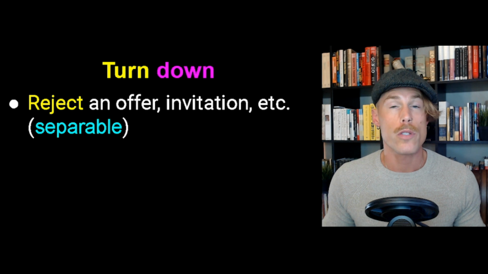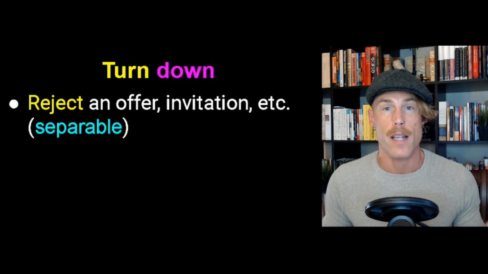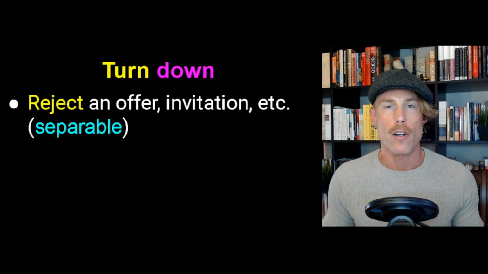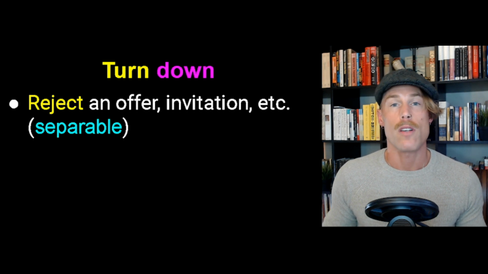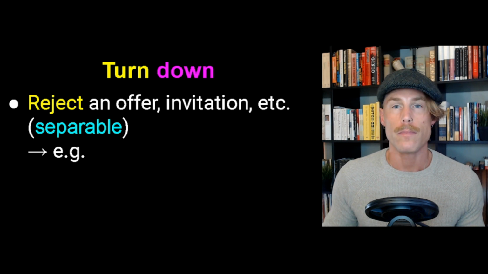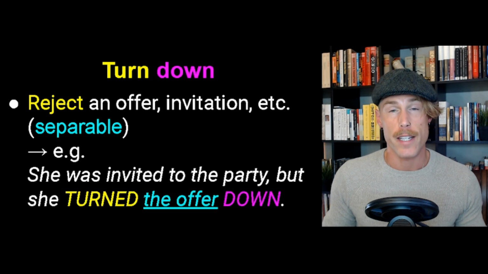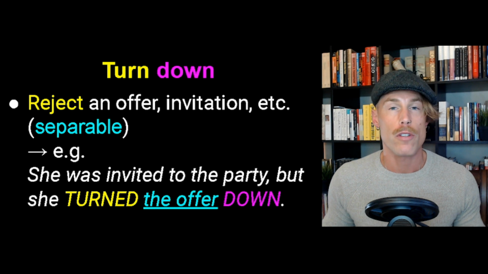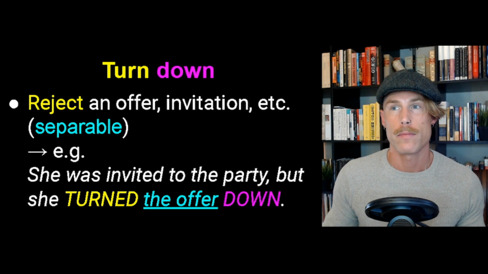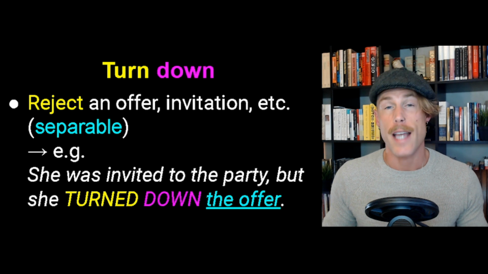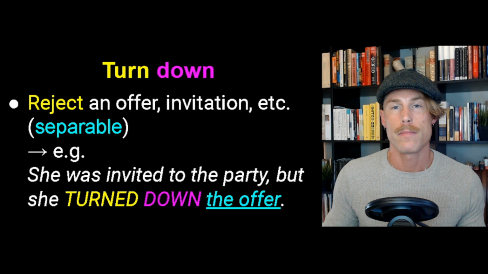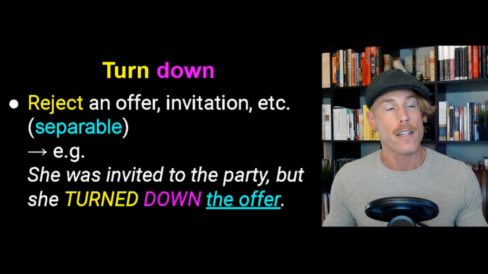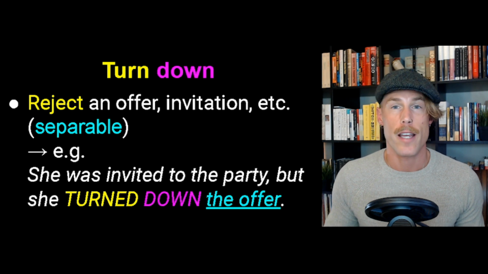Turn down also means reject something, reject an offer, reject an invitation, etc. This one's also separable. Okay, she was invited to the party, but she turned the offer down. She turned down the offer. Both are correct. They said to her, "Hey, do you want to come to the party?" And she said, "Not really, no. Bye."